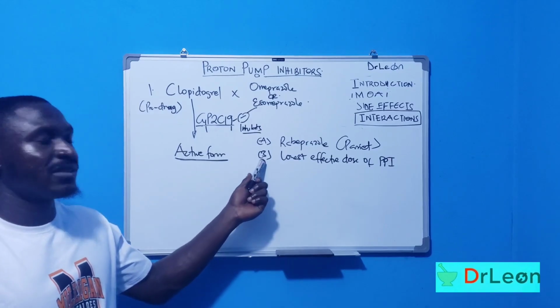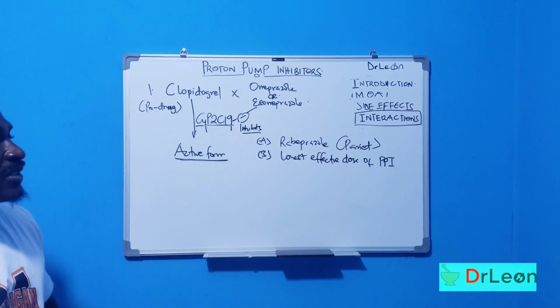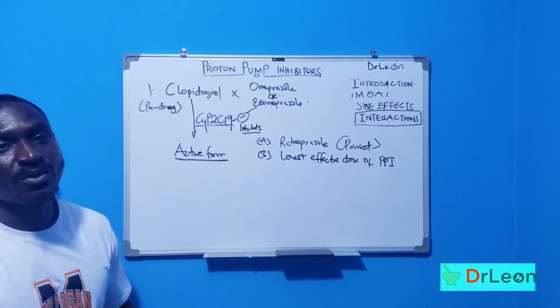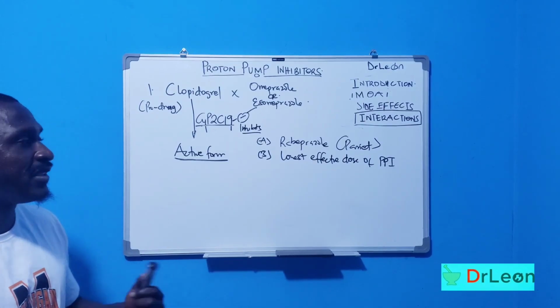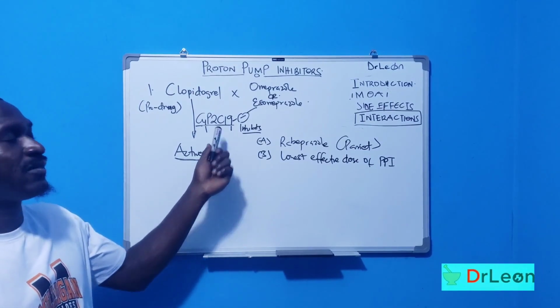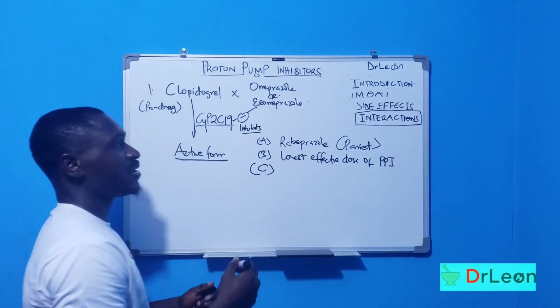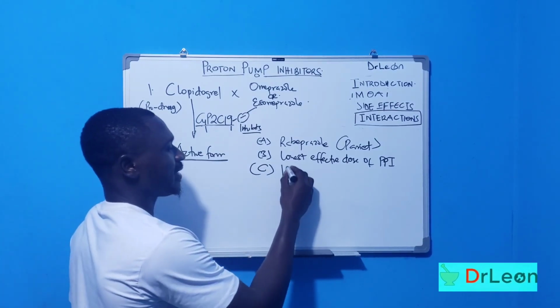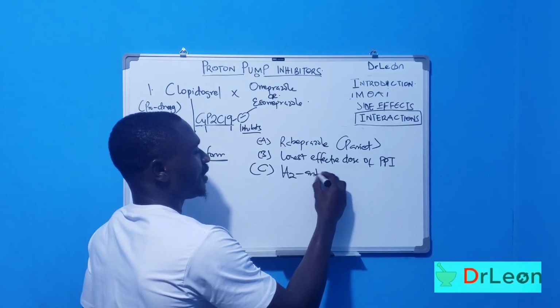But this is not actually helpful. The best option is to go in for rabeprazole or pantoprazole because these PPIs have less effect on the 2C19. Or instead of using a PPI, we can use another class of anti-ulcer agent, which is the H2 antagonist.